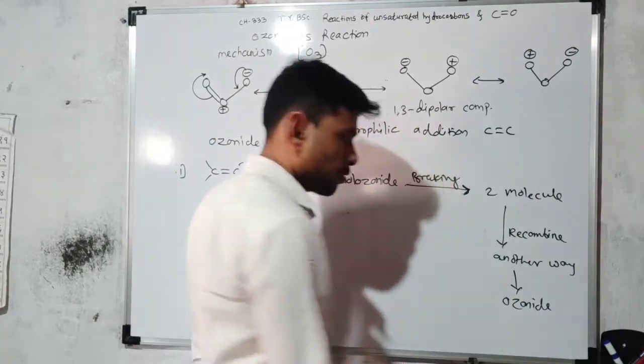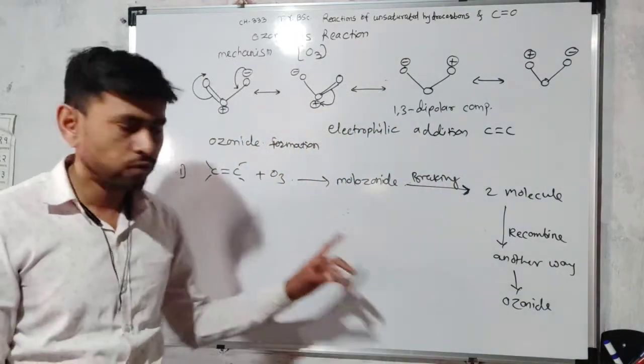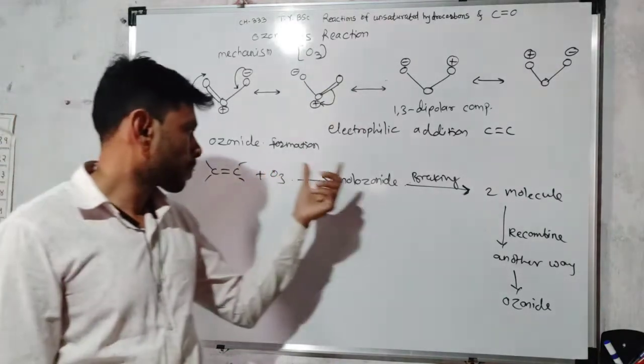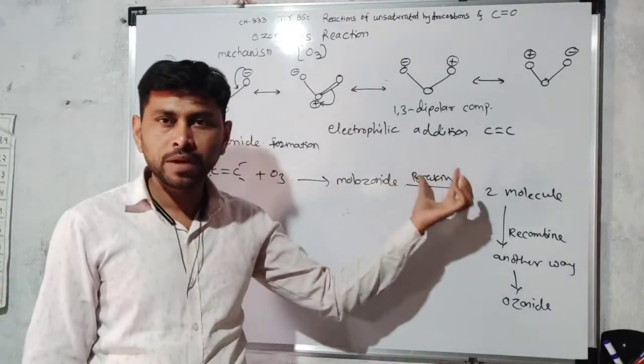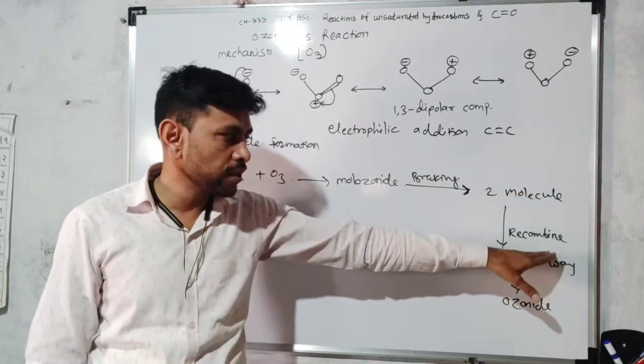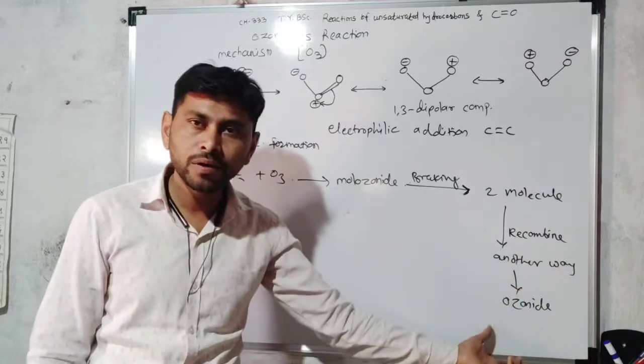So this is the journey of ozonide formation: the carbon-carbon double bond reacts with ozone to form molozonide, molozonide breaks into two molecules, and these two molecules recombine in an alternate way to form ozonide.